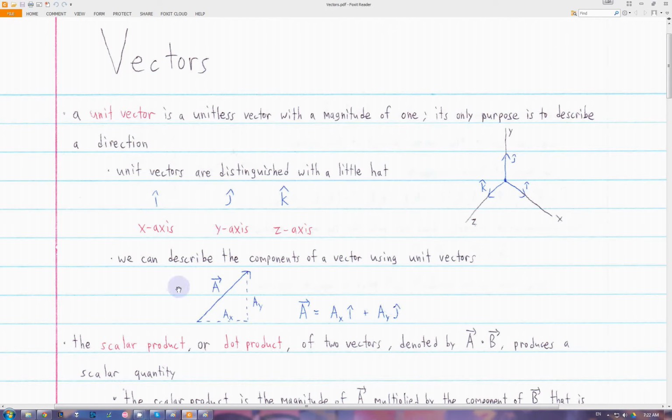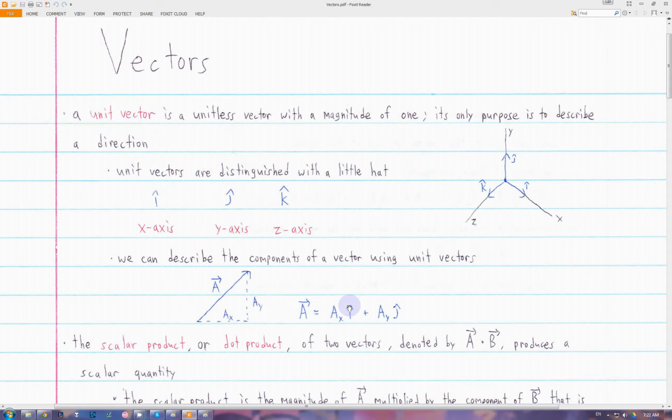So say we have some vector A, and let's say the x component of the vector is 5, and the y component of the vector is 3. So instead of writing this vector A, we can write this vector as 5i plus 3j, because 5i is just a vector that points along the x-axis with a magnitude of 5.